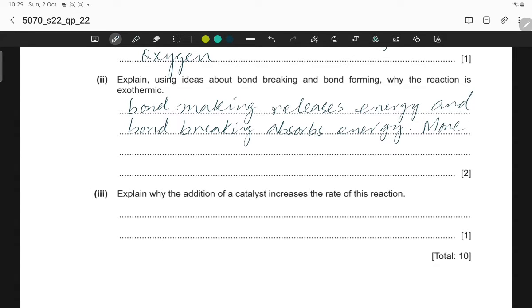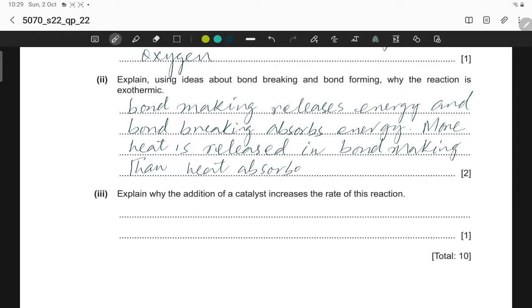More heat is released in bond forming or bond making than heat absorbed in bond breaking.